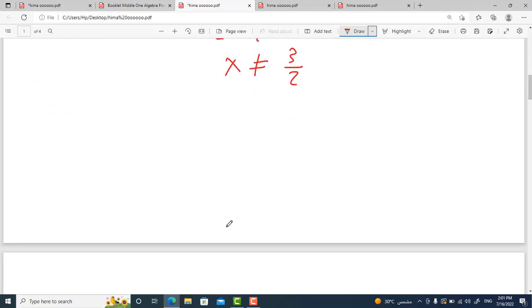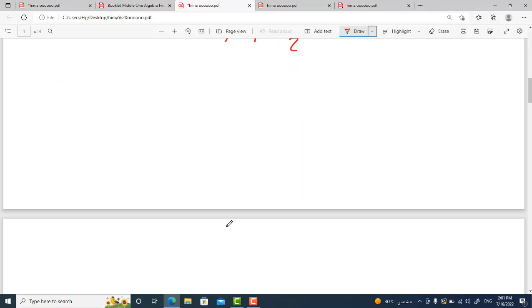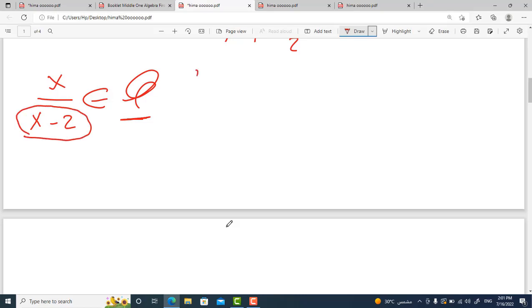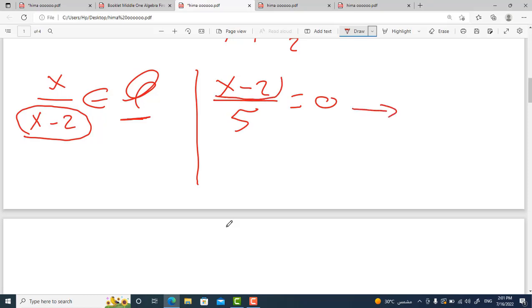We have here important information. When you see x over x minus 2 belongs to Q, you answer from the denominator. But if we have this example, x minus 2 over 5 equals 0, look at the numerator: x minus 2 equals 0. As an equation, x equals 2.